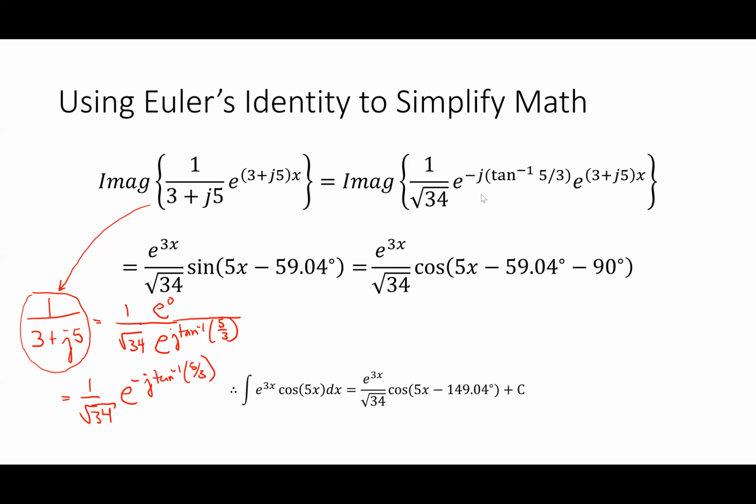Because when I look at this thing right here, if I say take the imaginary part of that, the way that I look at that, pretty simply, is to say this guy looks like e to the j theta times e to the 3x, where theta is equal to j5x minus j arctan of 5/3, which if you compute what that is, this guy is 59.04 degrees.